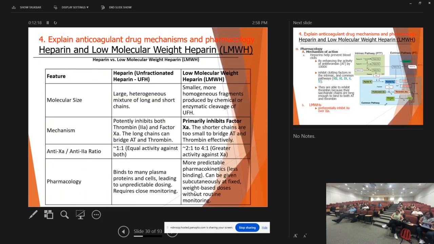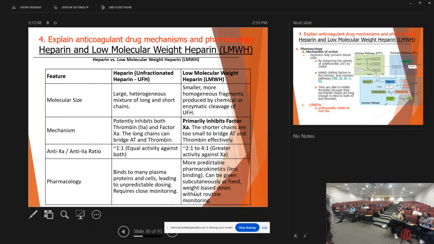So what does that mean? This table tells you the difference between unfractionated heparin, the big protein, compared to the low molecular weight. The difference in molecular size is large, and it's heterogeneous, a mix of long and short chains. The low molecular weight one is more homogeneous, produced chemically and cleaved enzymatically.